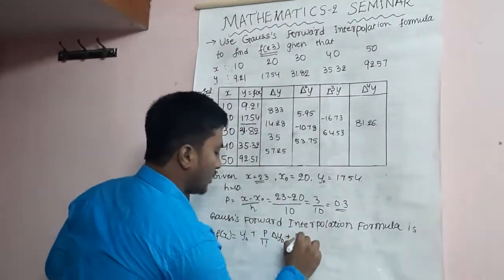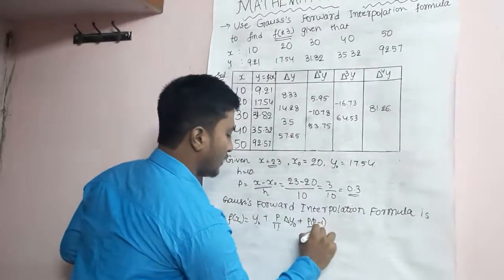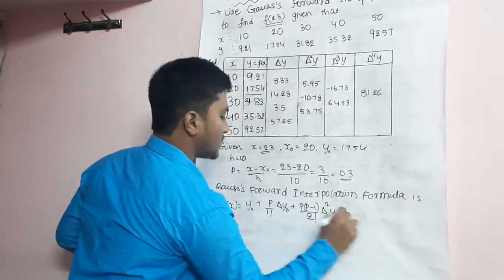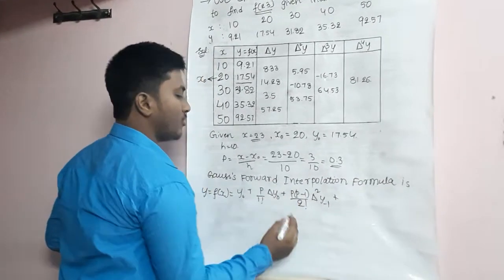So after that, p into p minus 1 by 2 factorial into delta square y suffix minus 1. Next, after getting the negative term, again a positive term will be introduced.